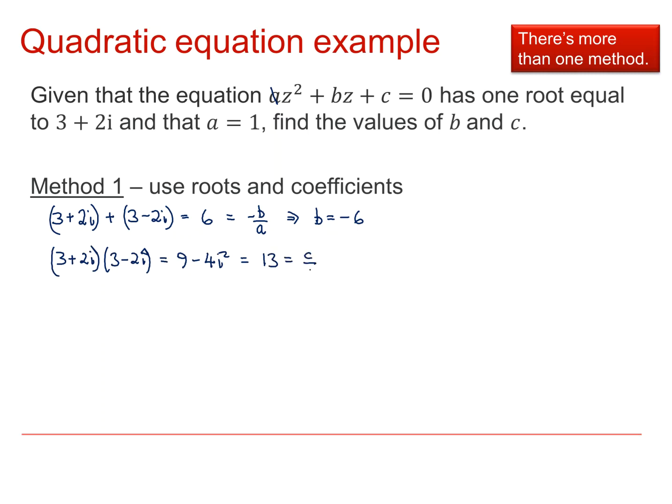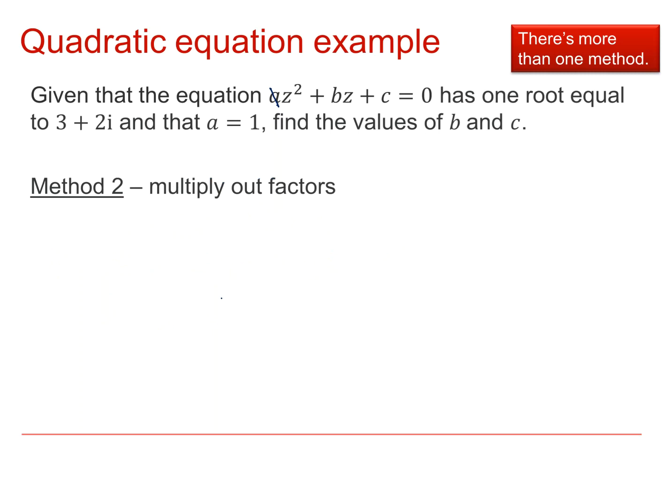And that's equal to c over a, and as a is 1, that tells us that c is 13. So our equation is z squared minus 6z plus 13 equals 0.